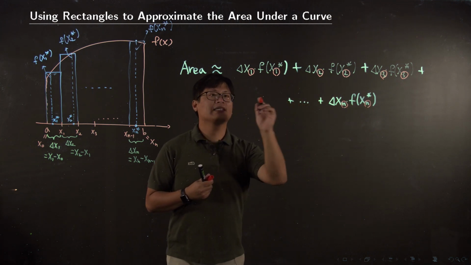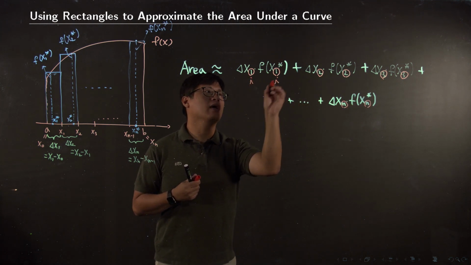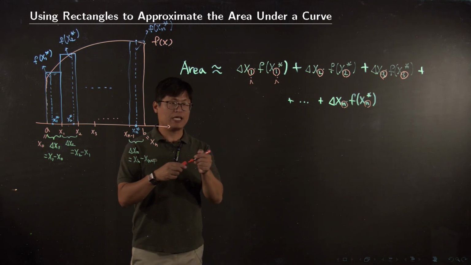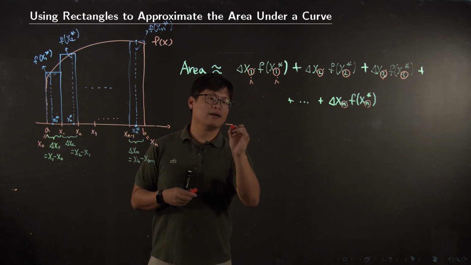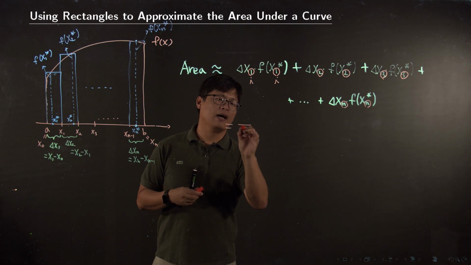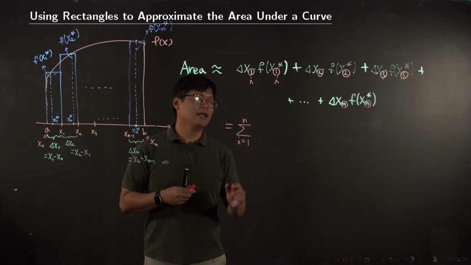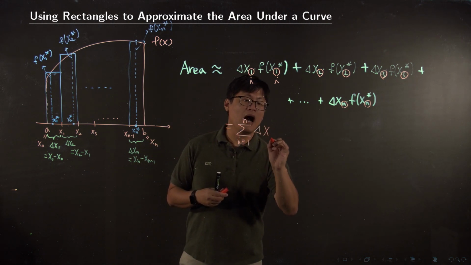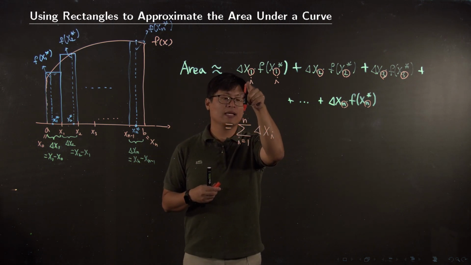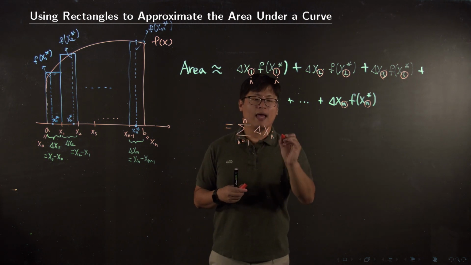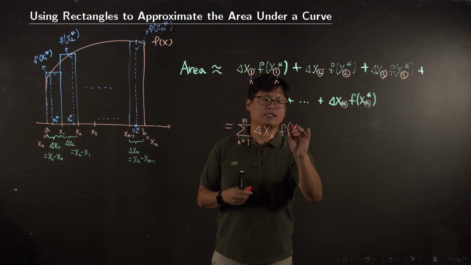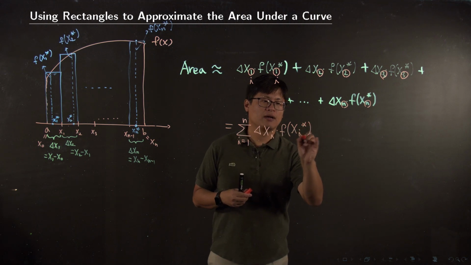These are the index i. Since we figured out the index, we can write this in sigma notation. Sigma, your index i changing from 1 to n, and then delta xi, because this is replaced by the index i, and then f of xi star, right?